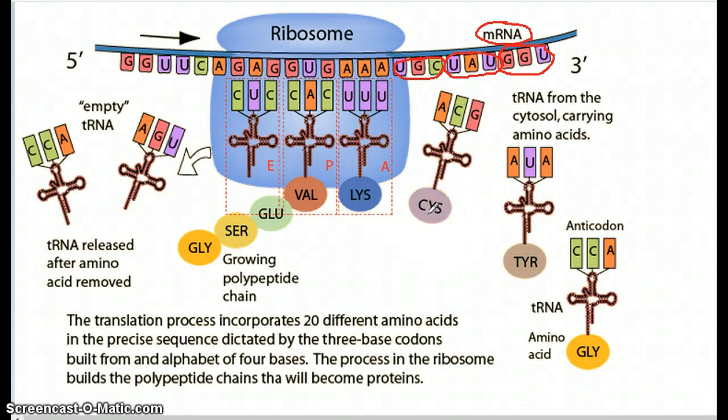So what happens is, once the mRNA slides through, it is read in codons, and a corresponding anticodon will lock on to a codon. As you can see right here, your codon is right there, and a tRNA with a corresponding anticodon will lock onto that. And at the other end is an amino acid.